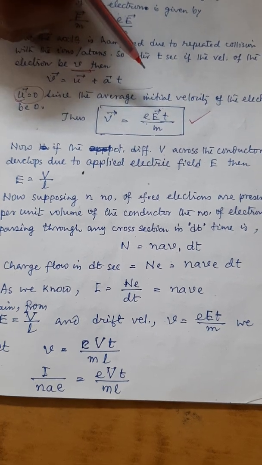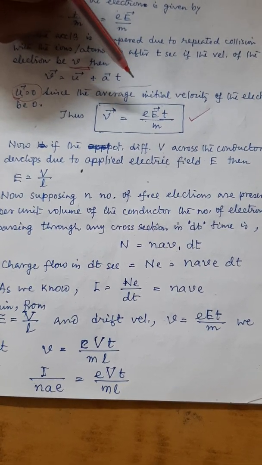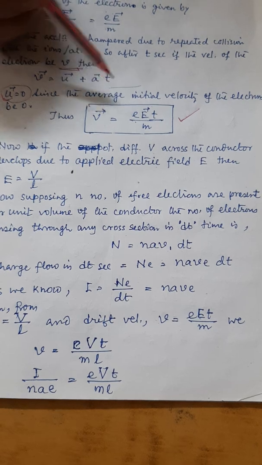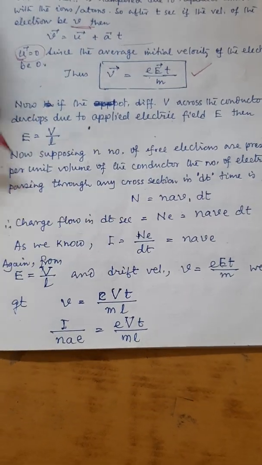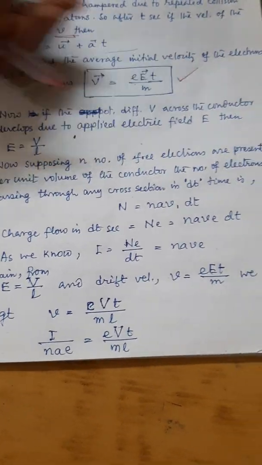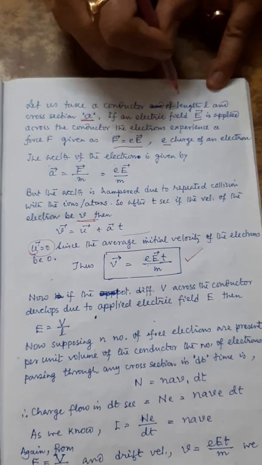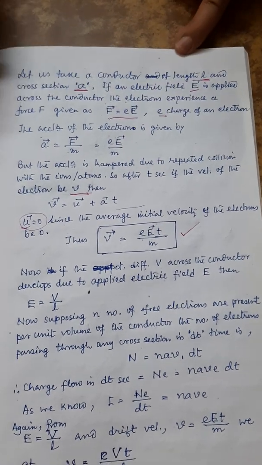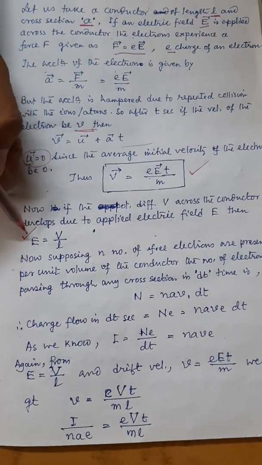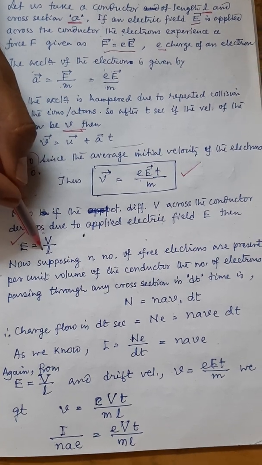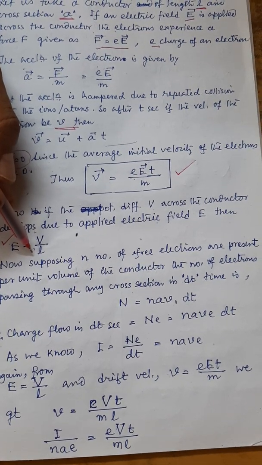Now, if we express current I in terms of this drift velocity, we will find this. Suppose the length of the conductor is L and the cross section is small a. If we apply the potential difference V, E becomes equal to V by L as per the rules of electrostatics.